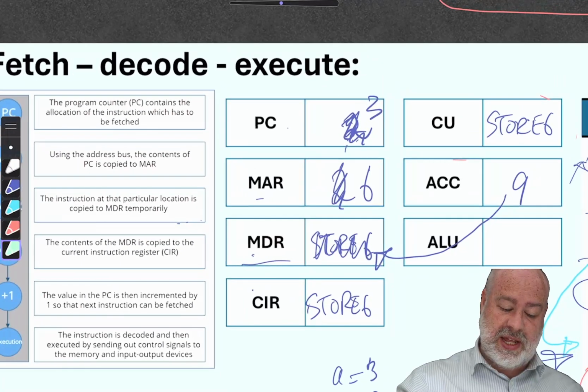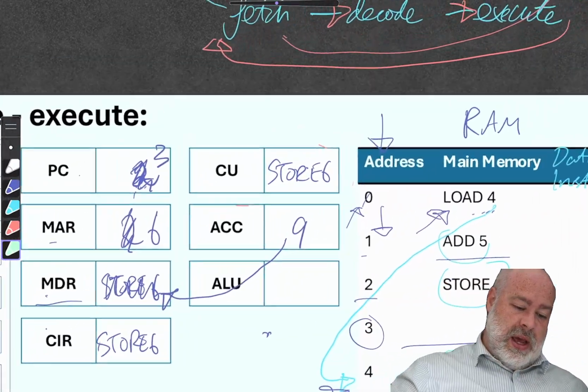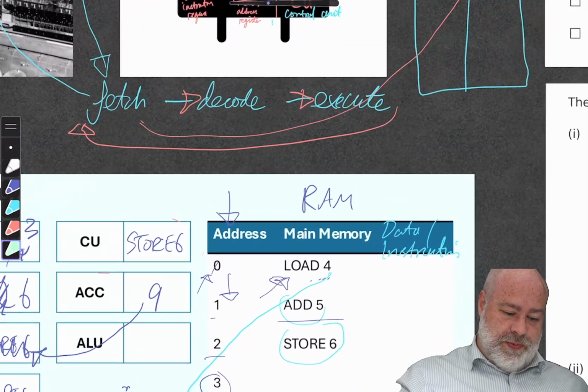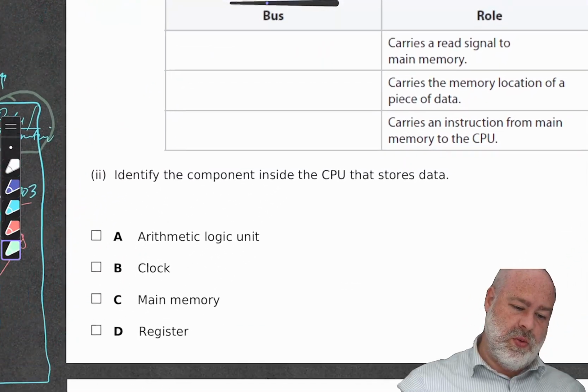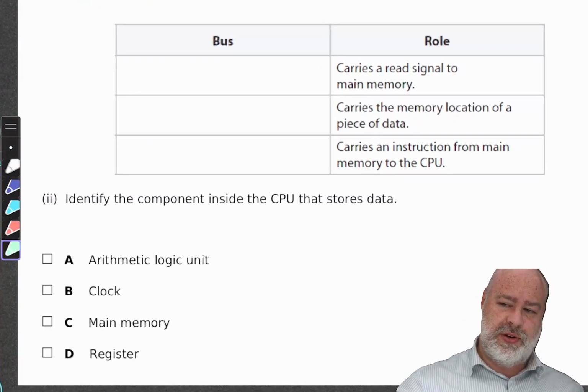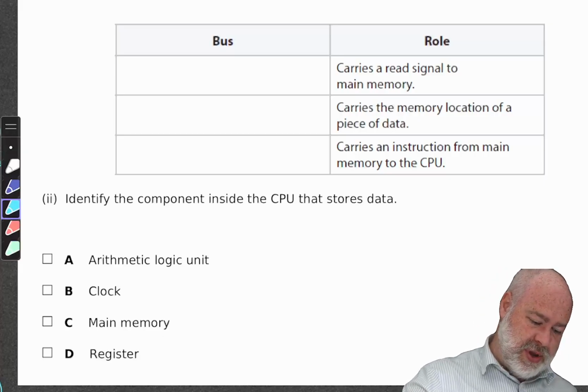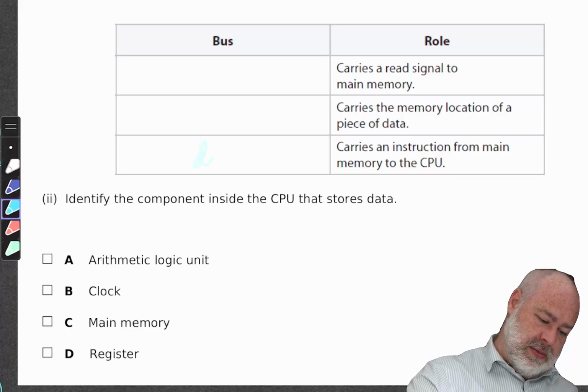Data register, data, and control unit, control. So it carries an instruction from the main memory, which is RAM, to the CPU, it's going to be, out of the 3 buses, let me change the colour, the data bus.